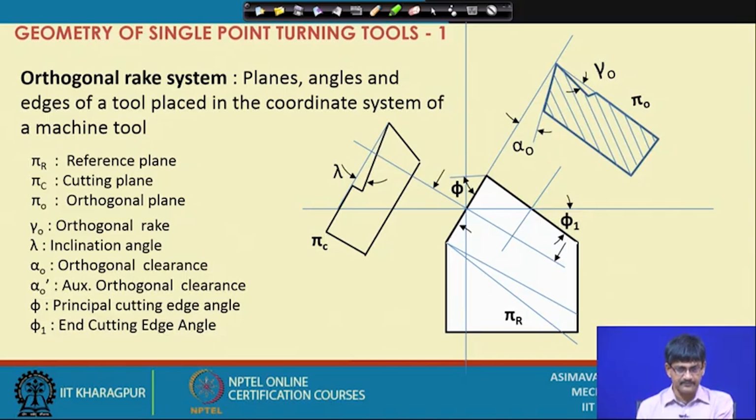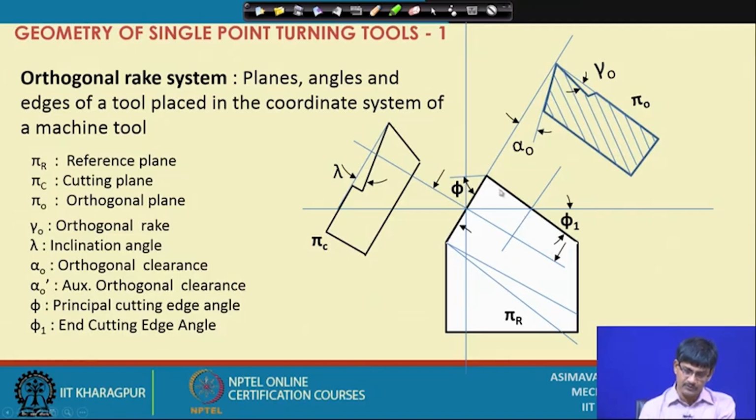All right. So, after learning about this, you might say you have not mentioned anything about the auxiliary flank. On the auxiliary flank also we can make a section like this perpendicular to it.